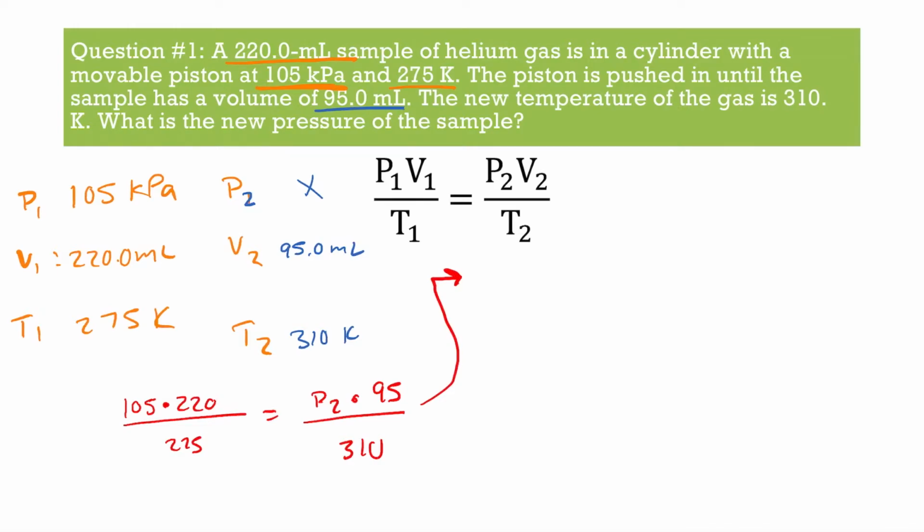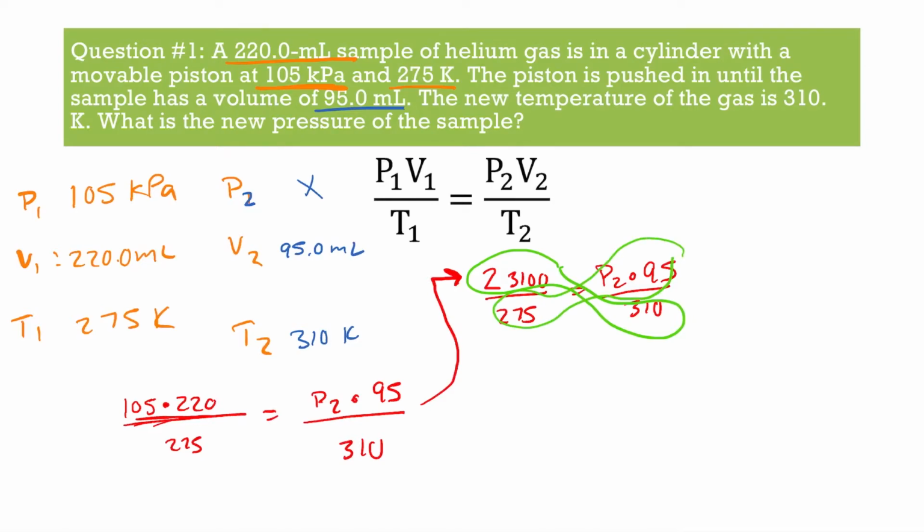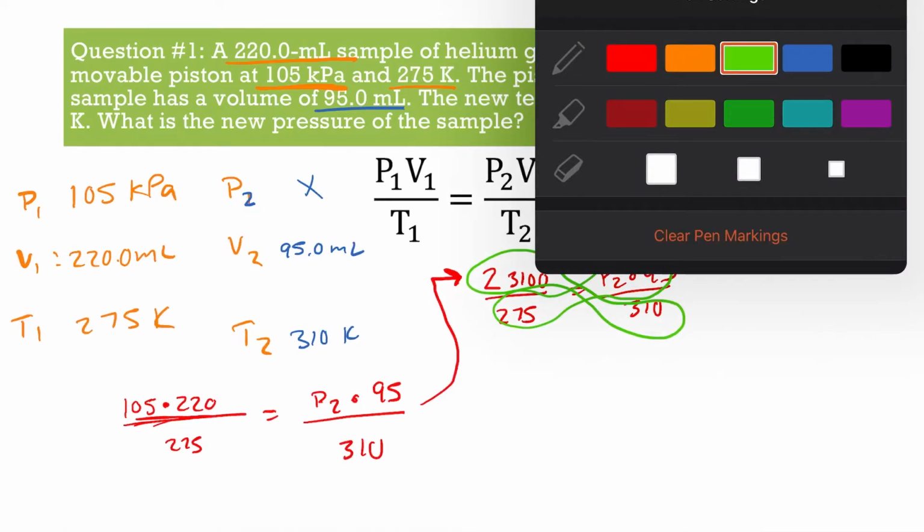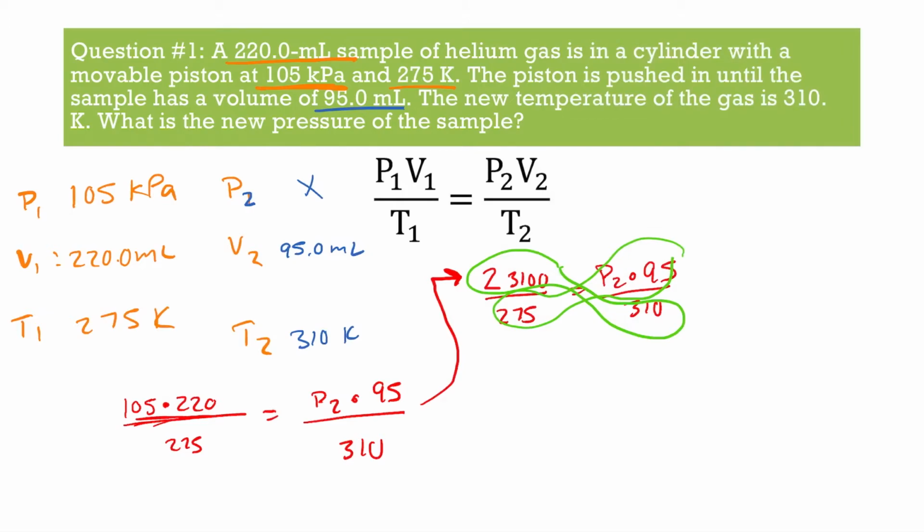If we try to simplify it a little bit, you get 23100. So that's 105 times 220. Again, we're going to put that over 275 equals P2 times 95 over 310. And so now we're going to cross multiply.